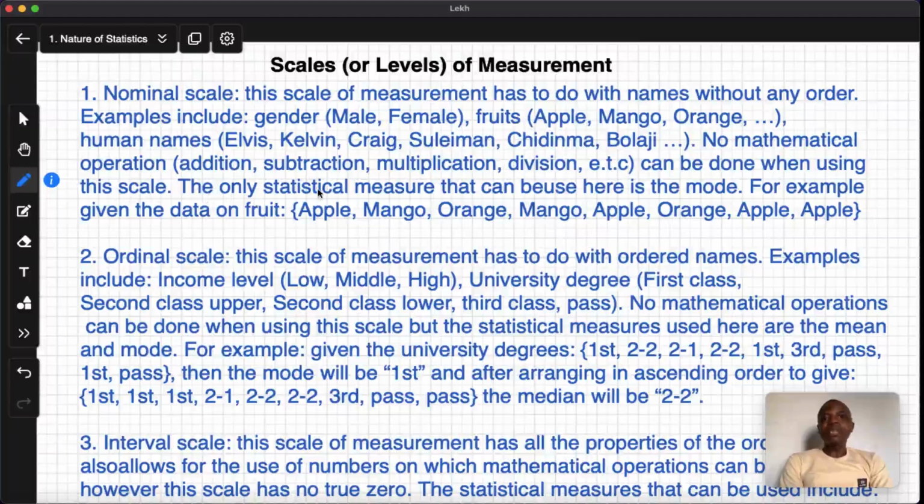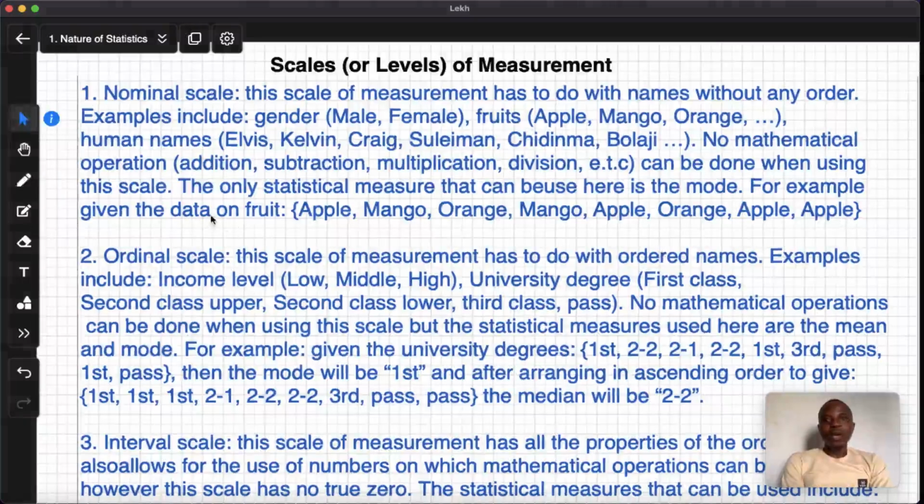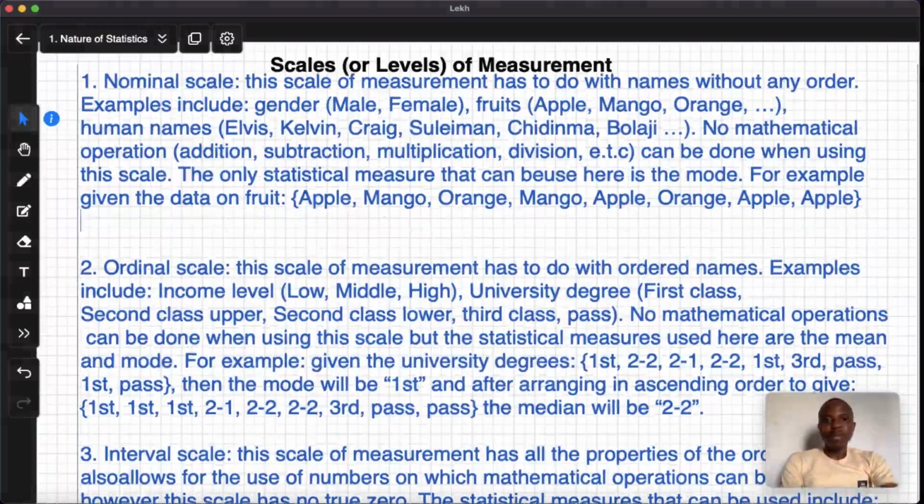The only statistical measure that can be obtained using the nominal scale is the mode. For example, if you are given the data on fruits, apple, mango, orange, mango, apple, orange, apple, apple, then the mode is going to be apple. Looking at it, the apple appears more times than any other thing. So the mode will be apple.